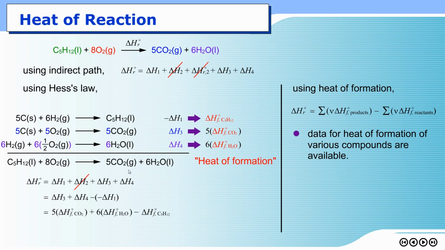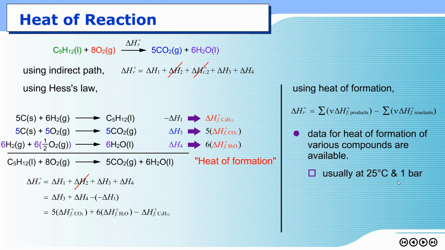And data for heat of formation for various kinds of compounds are normally available in the thermodynamics handbook. However, conventionally, heat of formation data are available only at 25 degrees Celsius and 1 bar.